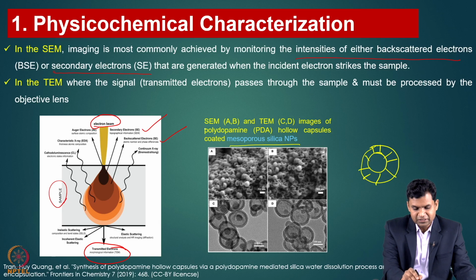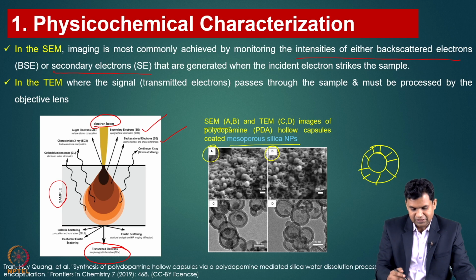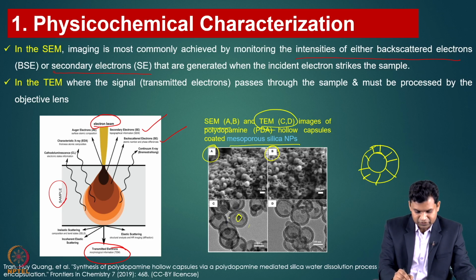Now, you can see the SEM A and B represent the capsules of mesoporous silica nanoparticles. Whereas here you can see the same pictures in C and D, which are performed by the TEM. Now, you can see the inner structures, the coating, you can see the layers. So, the inside is the silica and you can see the coating of the material.